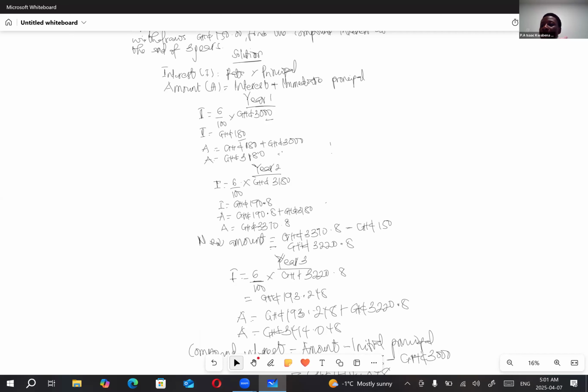A trader deposited 9,000 Ghana cedis in a bank at 7% per annum compound interest in 5 years, full stop.